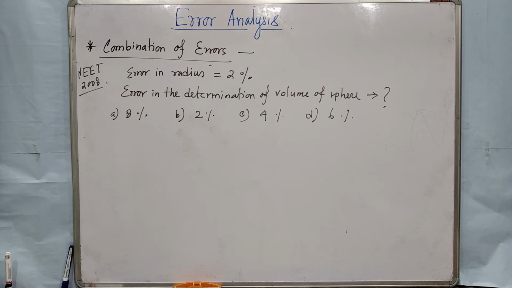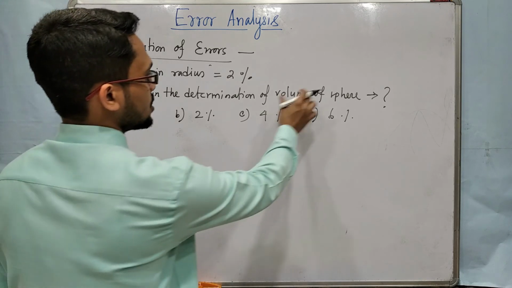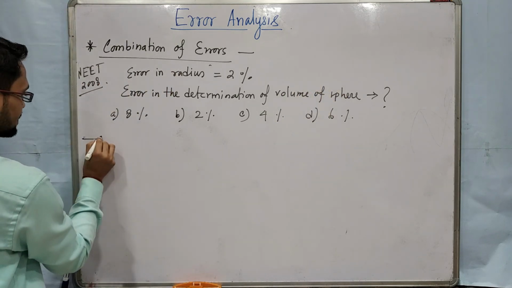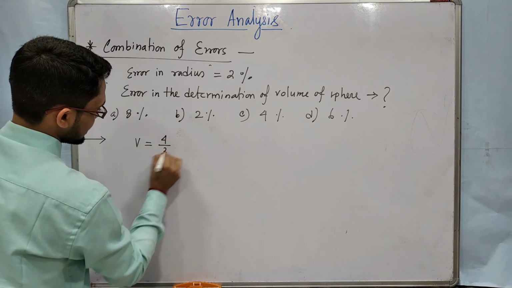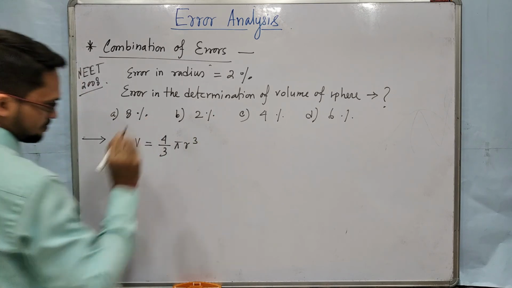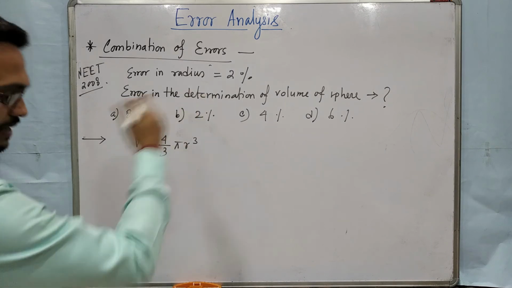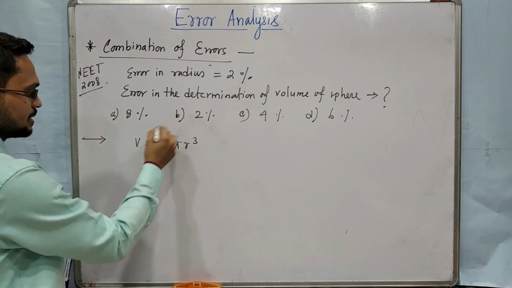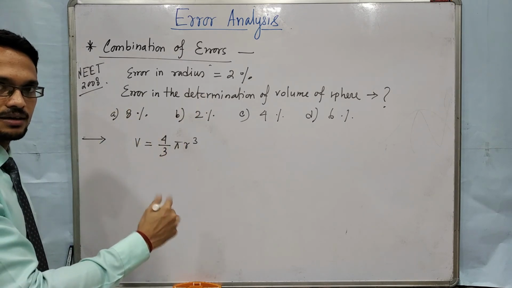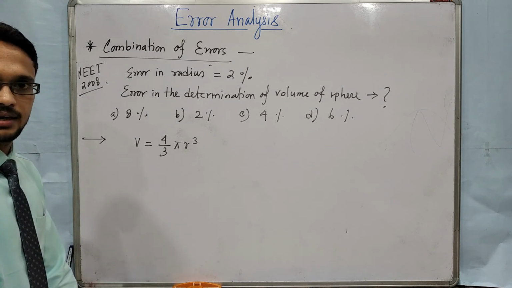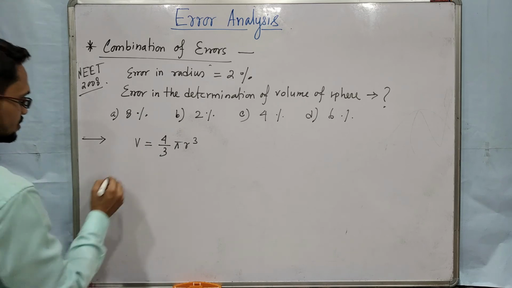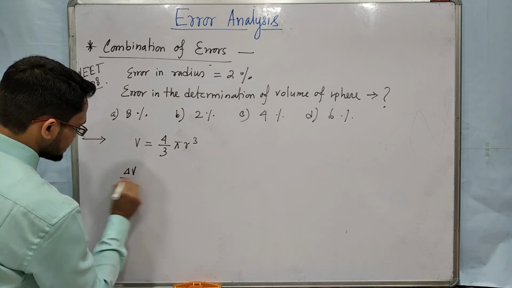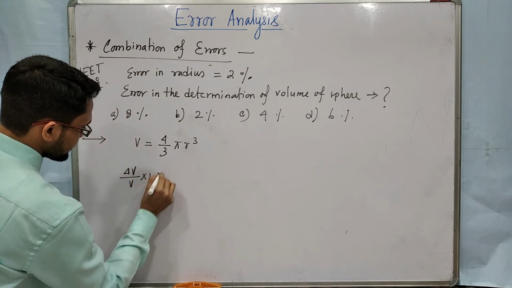Understand? So here we have to remember the formula. Volume of sphere. What is the formula? V equal to 4 by 3 pi r cube. 4 by 3 pi is a number. A constant number does not have any error. Only the measurement quantity will have error. So we have to find the percentage error, that means delta V by V into 100.